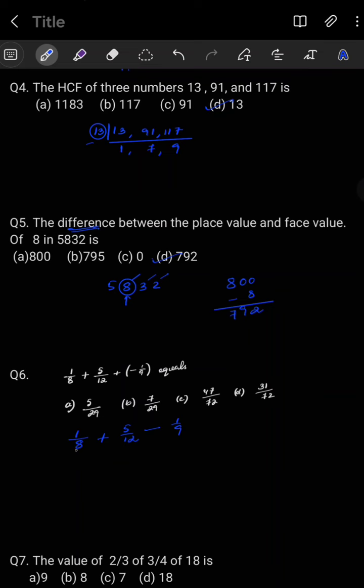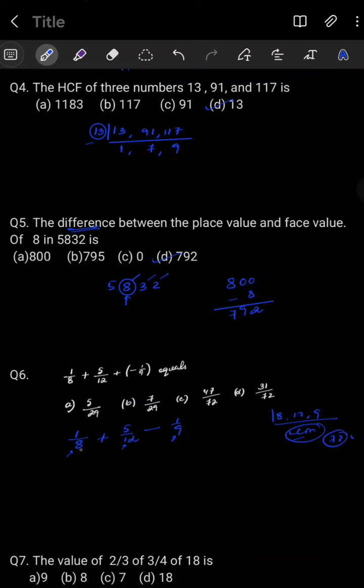Now what happened? You have to find out the LCM of the denominators 8, 12 and 9. So what is your LCM? So 8, 12 and 9. If you find out LCM, you will get how much? 72 as the LCM.